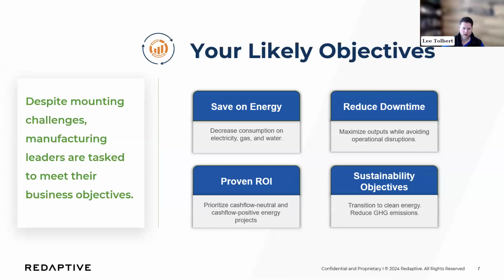So don't think that there's anything you have that's an objective that is really off the table. These were our most common ones and things that we see, but we would love to talk about anything that's not here that we should be considering as we continue to talk today.